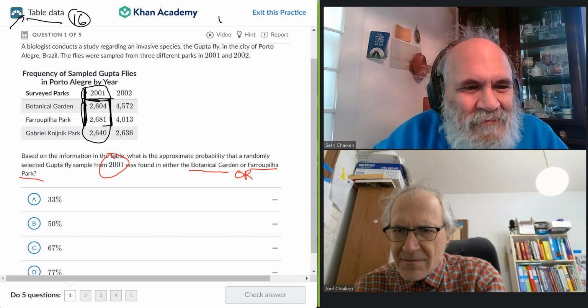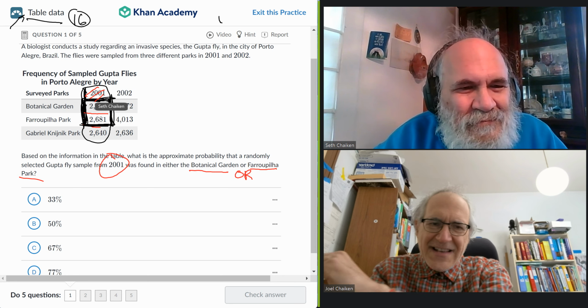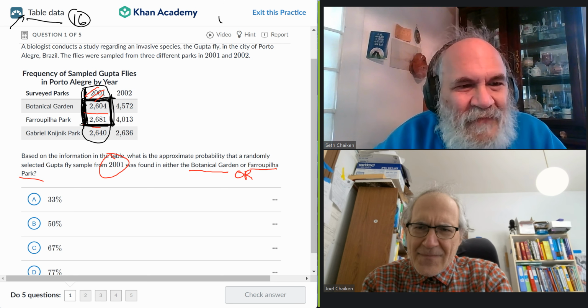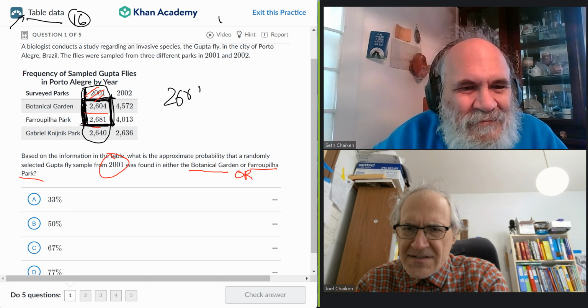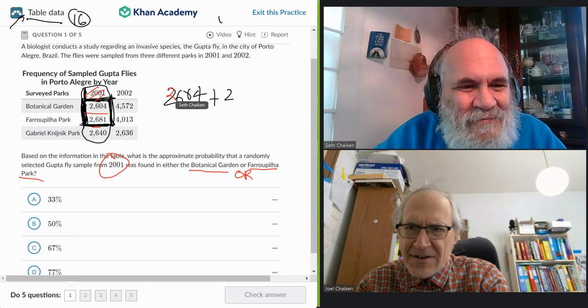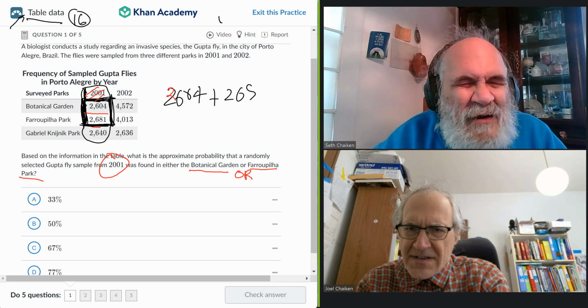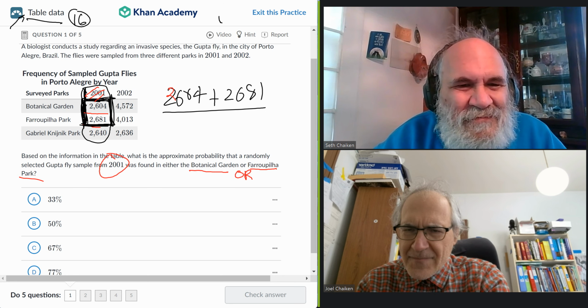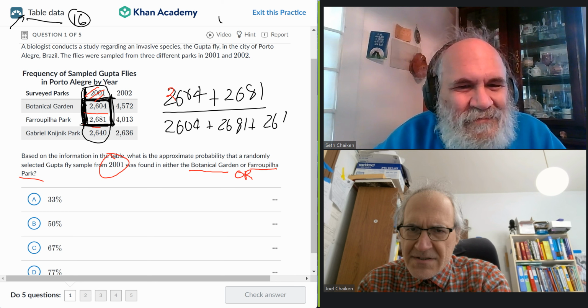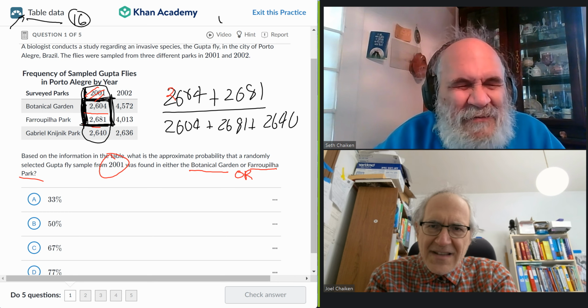So what's the probability that these two things together divided by the total, they're basically asking for that. They're asking for 2604. We have to assume this is a calculated question. 2681 divided by this number, 2604 plus 2681 plus 2640. That would be the answer, right?